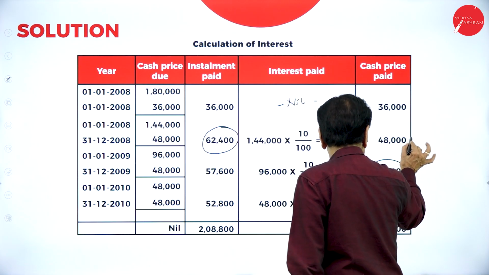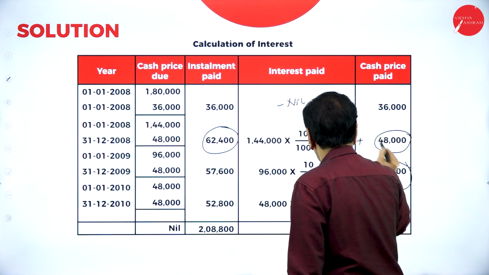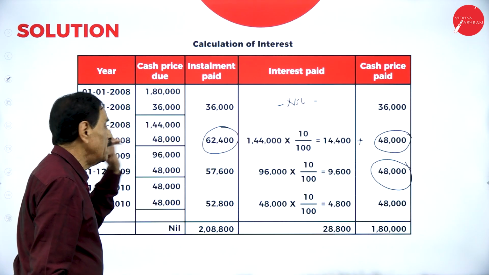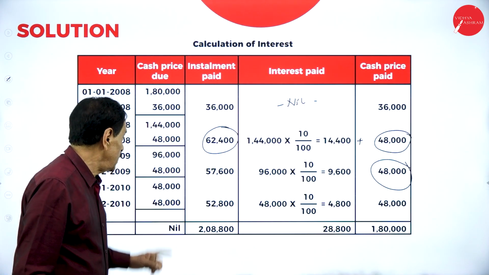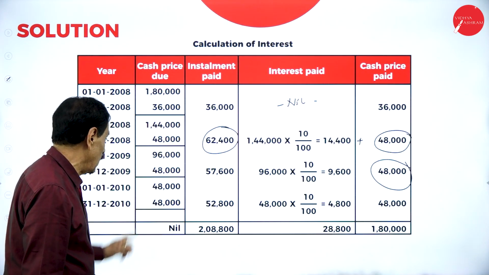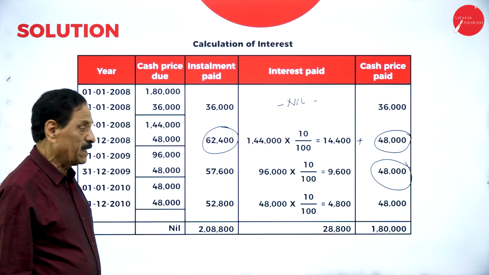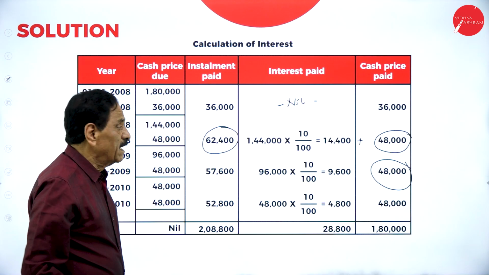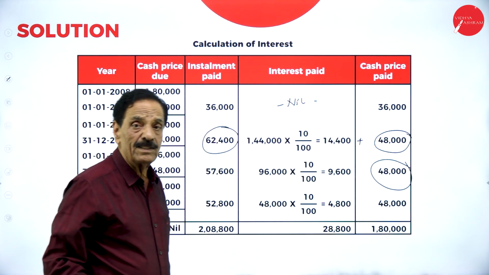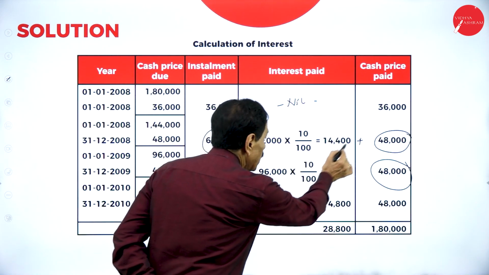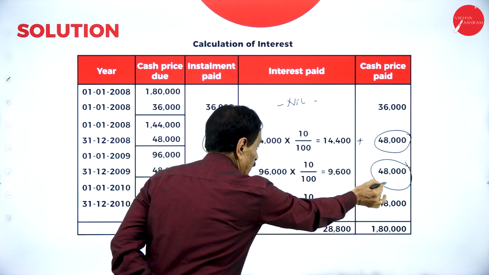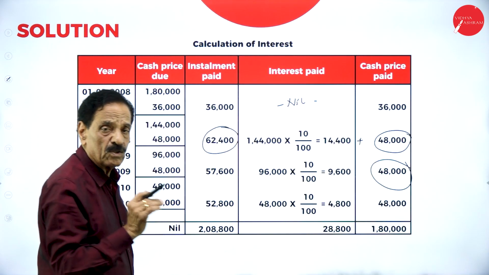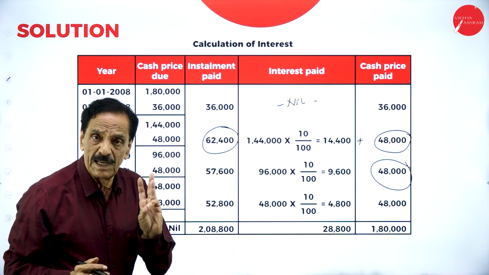Every year, this 48,000 is constant plus interest on the outstanding balance. First balance is 1,44,000. Second balance is 96,000. Third balance is 48,000. So this amount includes the interest. Interest is on the outstanding balance at 10%. Every year, 48,000 plus interest has to be cleared in 3 years.